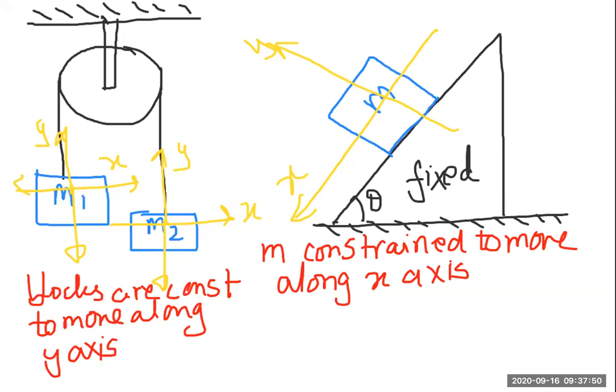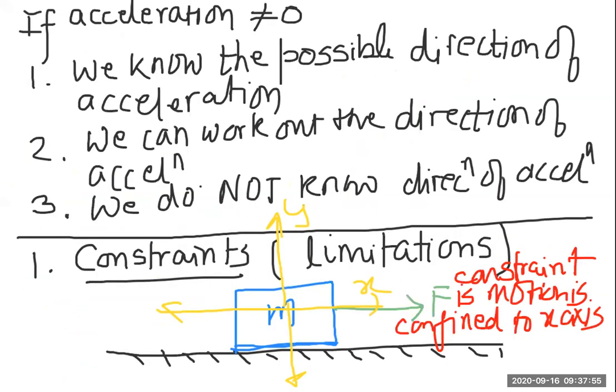Okay, so constraint is obvious. That is the first case where we know the possible direction of acceleration. Common sense से just by observation we can conclude that this will be the direction of acceleration is the first case.